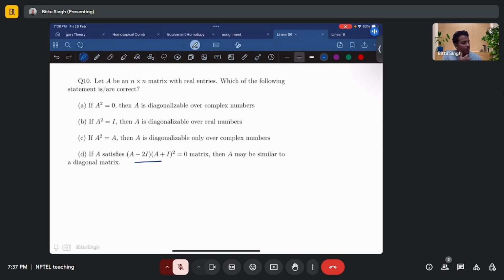So from here it is clear that the eigenvalues of A, if lambda is an eigenvalue, then lambda will satisfy the same equation, (lambda minus 2)(lambda plus 1)² equal to 0.